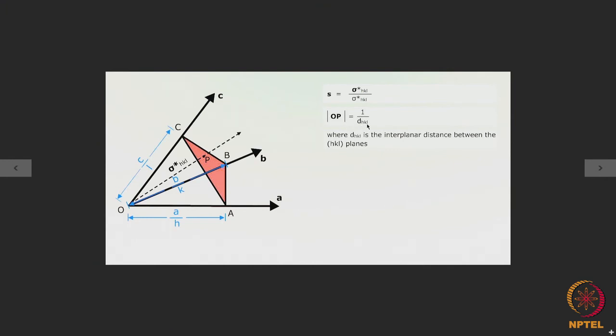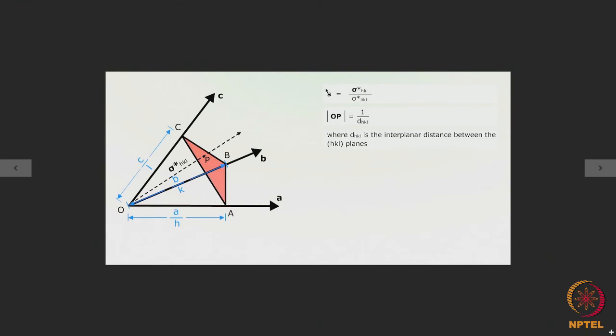Now, let us consider a unit vector S along OP. So, if we say there is a unit vector along OP, what does it mean? After all, this vector is parallel to and equal to the sigma star HKL vector.